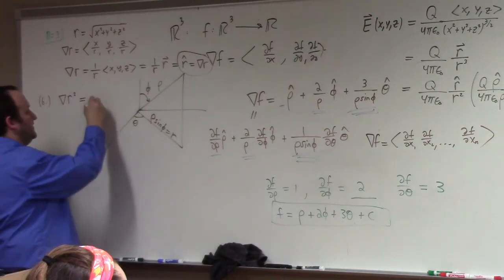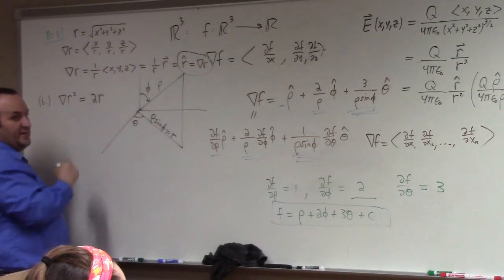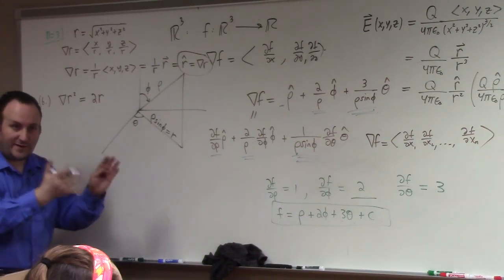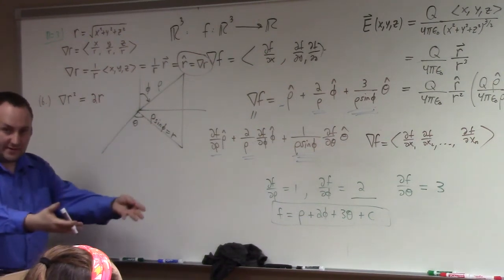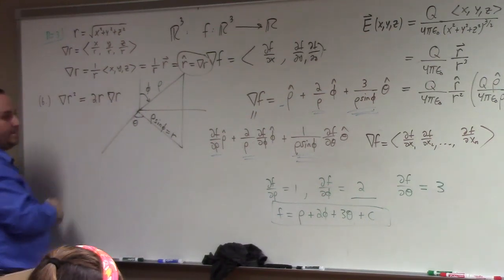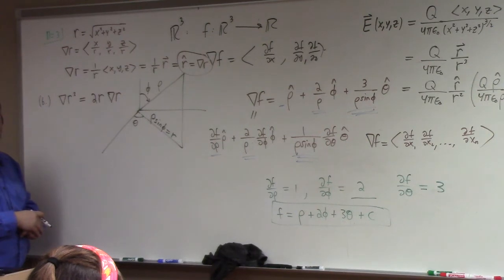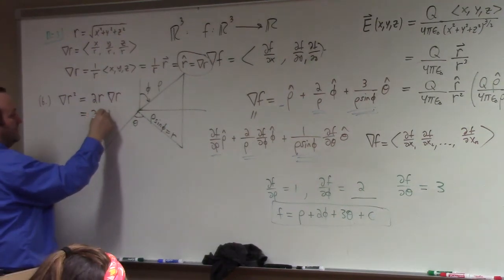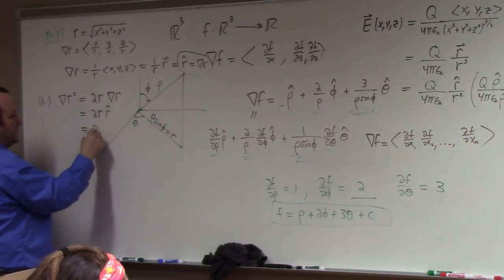The chain rule says that that's twice the function, the derivative of the outside function, the squaring function, times the gradient of the inside function, which is what? 2r hat, otherwise known as 2r.